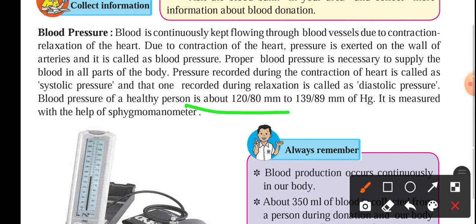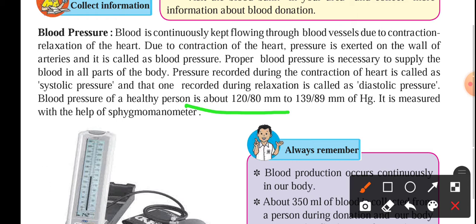So one is directly from the heart to the body, in the arteries where oxygenated blood is present. That is the 120. And the 80? That blood exerts a pressure on the walls of the veins. That is the 80, the lower one.